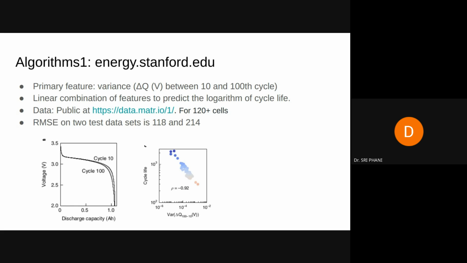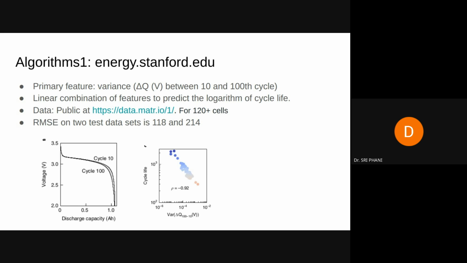But we should always have a benchmark to deal with it. So what we have taken is one algorithm that was proposed by Stanford. They didn't go with the learning approach. They went with a feature engineering approach based upon domain expertise. What they identified is that there is a relationship between the discharge rate and the voltages, and the number of cycles left.